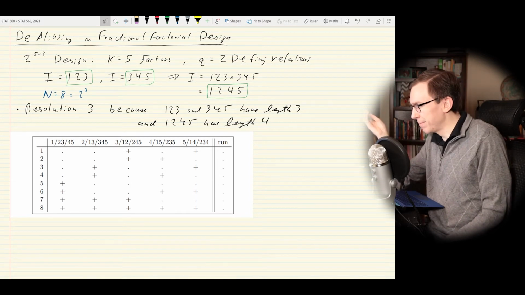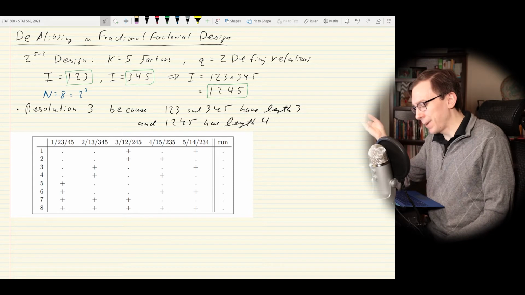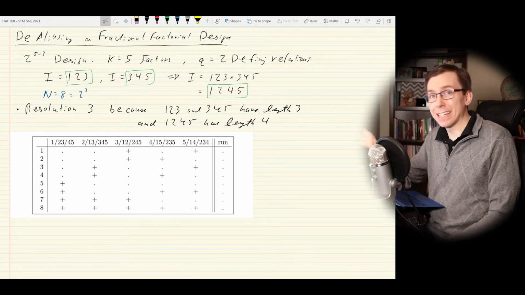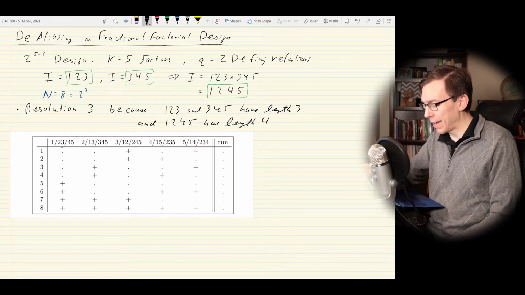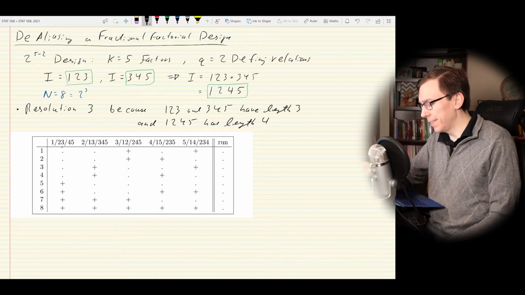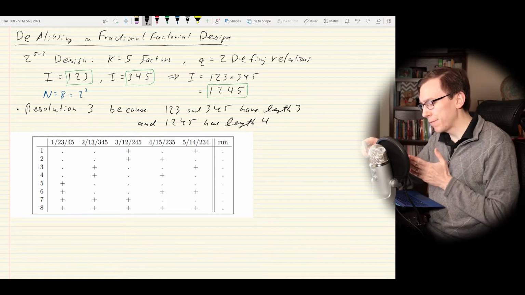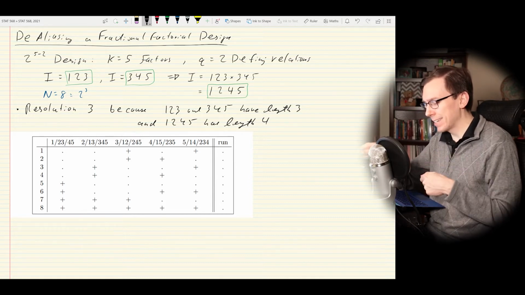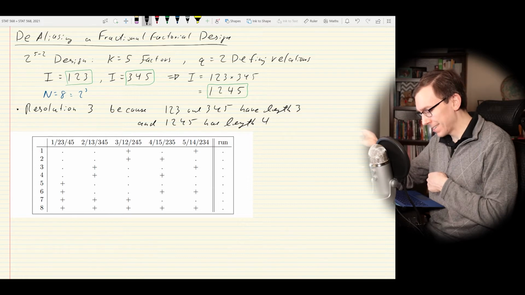There should be 2 more that are missing here, right? Because again, if we have 8 observations, that's 7 degrees of freedom. That means we can have 7 columns of things to estimate. Now, here I have 1, 2, 3, 4, 5 corresponding to the main effects and their aliased interaction effects.